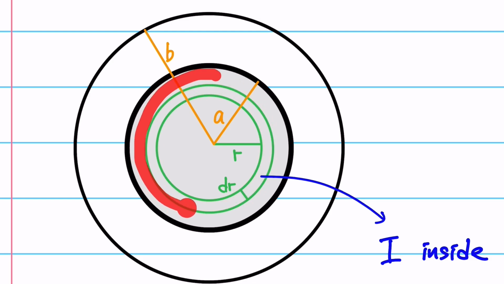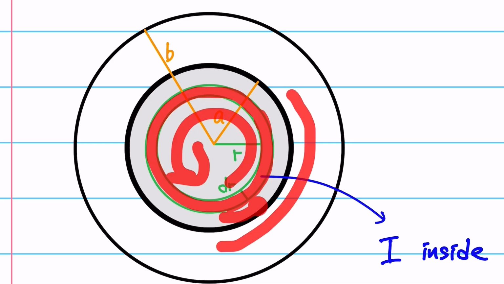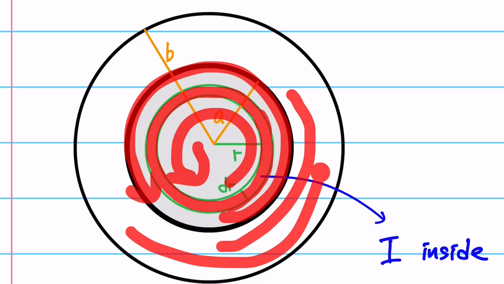And we can also say that this is another ring right outside, and there will be many of these rings inside this conductor. If you think about this ring, the current is flowing into the screen in the form of a cylindrical wall, but we also know that the magnetic flux is flowing inside like that, and also outside the conductor like this.